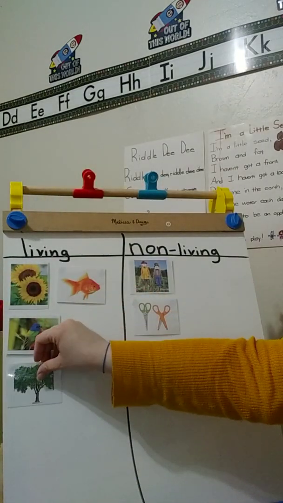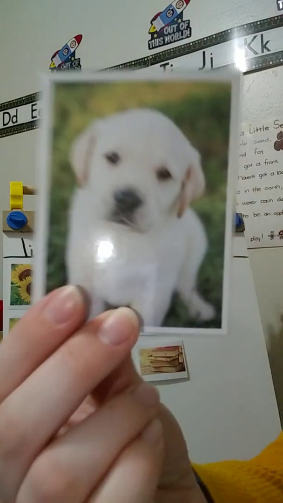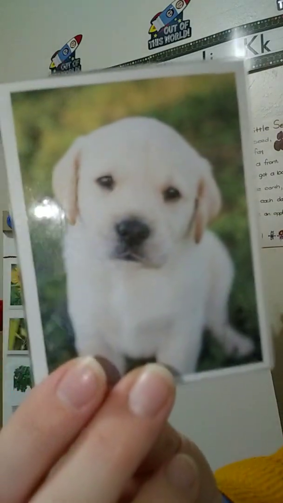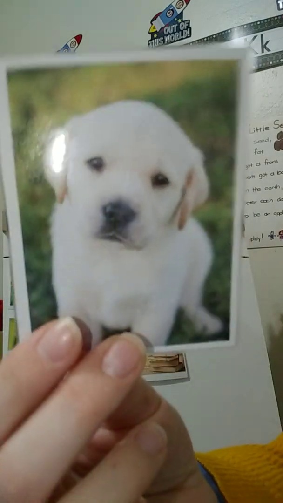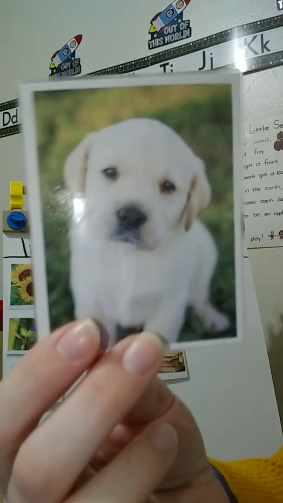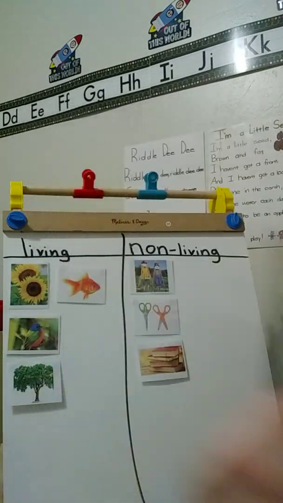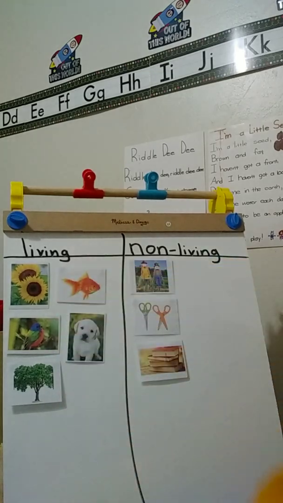So we're going to put it right here. How about this puppy? Can the puppy move? Does it need food and water? Does it need space? Yes. So is it living or non-living? Correct. It is living. We're going to put it here.